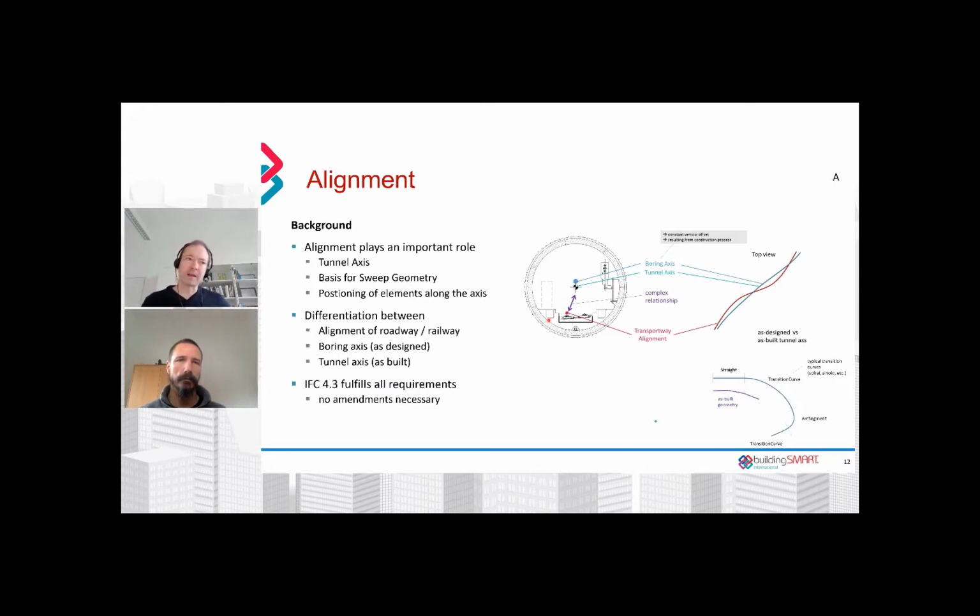We had an intense analysis of what is there in IFC 4.3, because IFC 4.3 has a strong development in the field of alignment, and we could see that it definitely fulfills all the requirements that we also have in tunneling. So we don't need to extend or change anything there. This is perfectly fine.